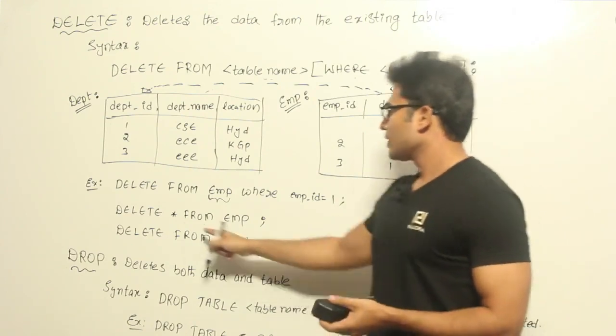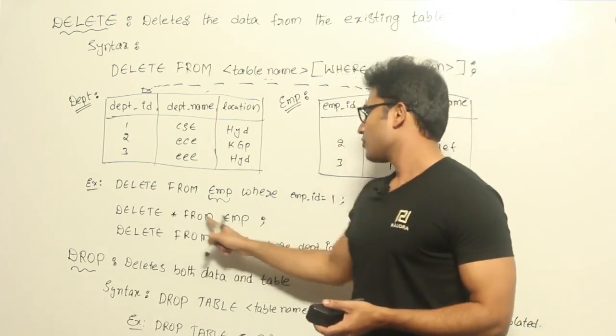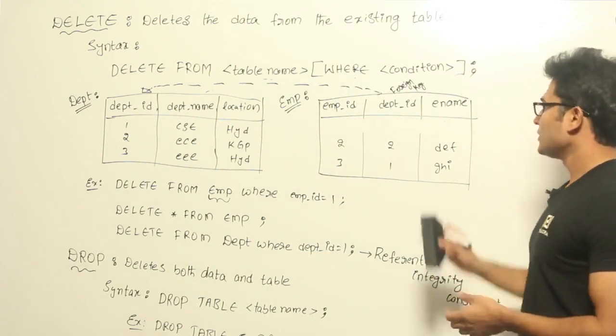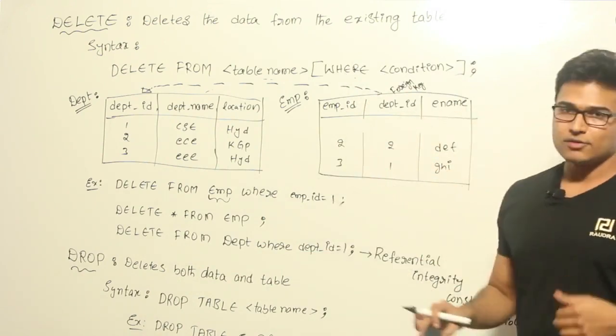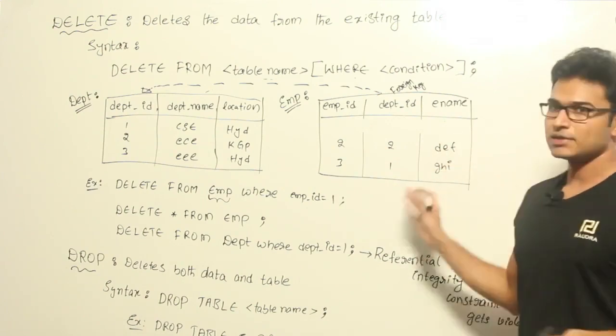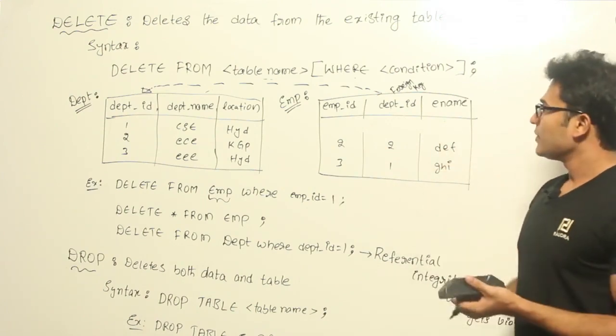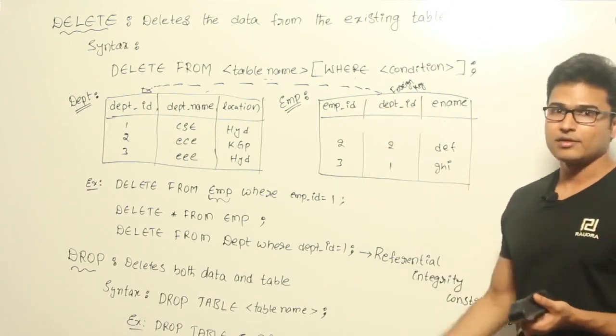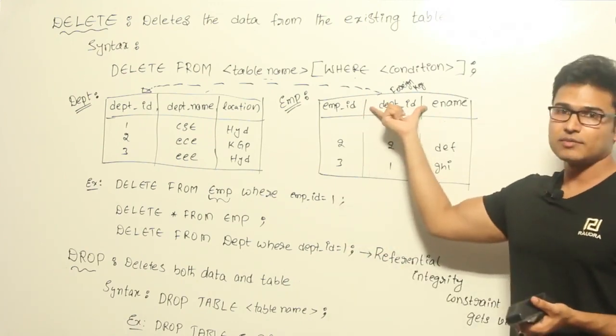And now if I write delete star from EMP, then because of that statement, all the rows present here will get deleted. Got it? So everything gets deleted. But the table is going to exist. Only the rows are going to be deleted, but the table is going to exist in the database.